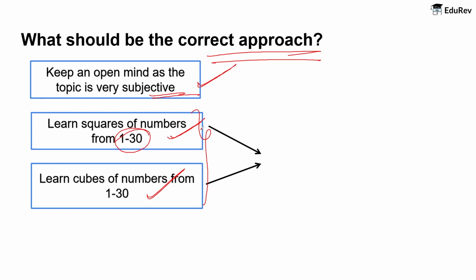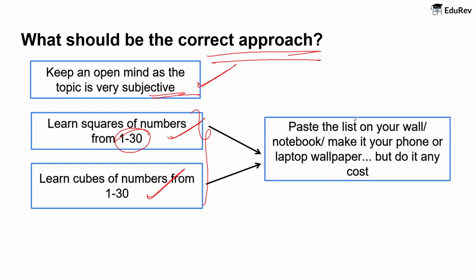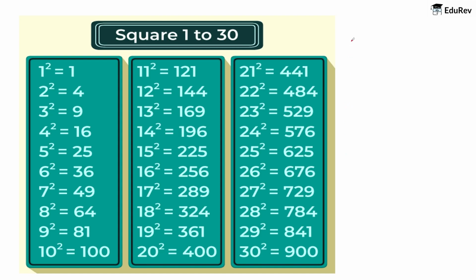See, till 1 to 20 we learn it from our school times, but I would suggest please learn it from 1 to 30. Paste the list on the wall, in your notebook, or make it your phone or laptop wallpaper, but do it at any cost because this will help you outshine. So here I have provided you with the list of squares from 1 to 30.